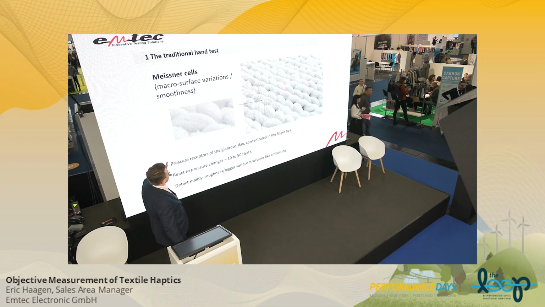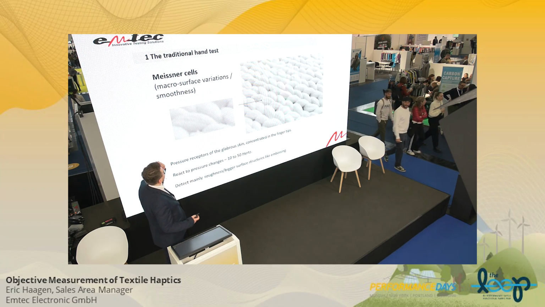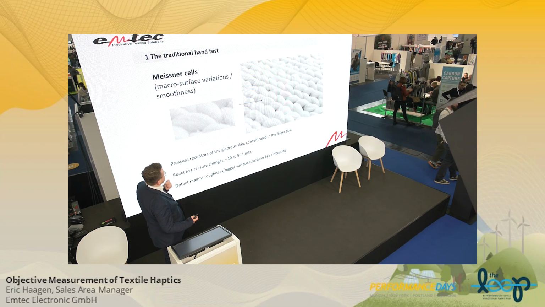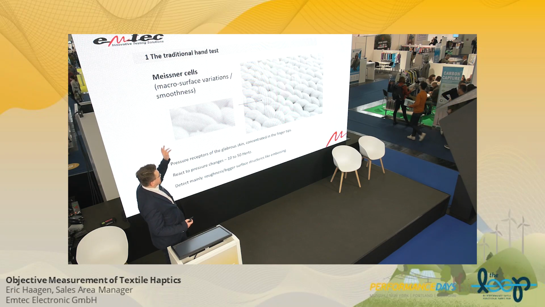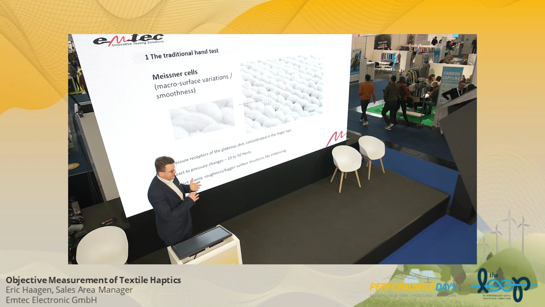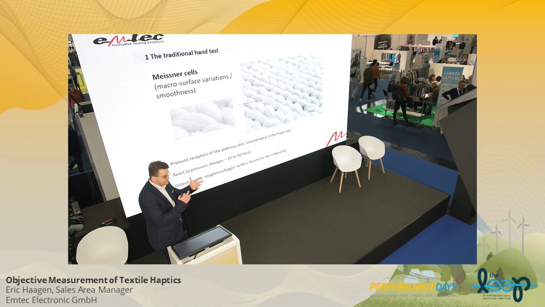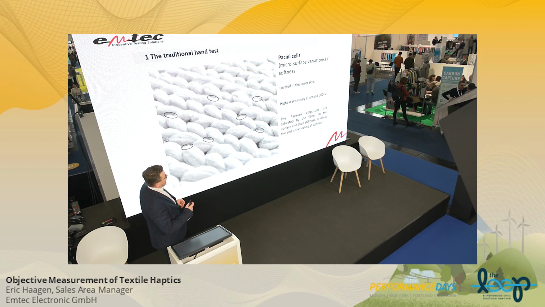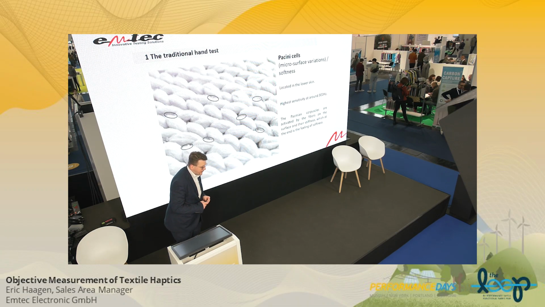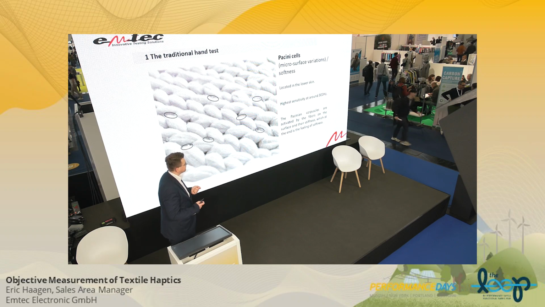How does it work? The first sensor, which is important for the macrosurface variations, the smoothness, is the so-called Meissner cells. As you can see here, the Meissner cells are responsible for the feeling of the macrosurface variations, or the roughness and smoothness of the material. The second sensor is the Pacini cells, which react to the actual real softness of the fiber material.